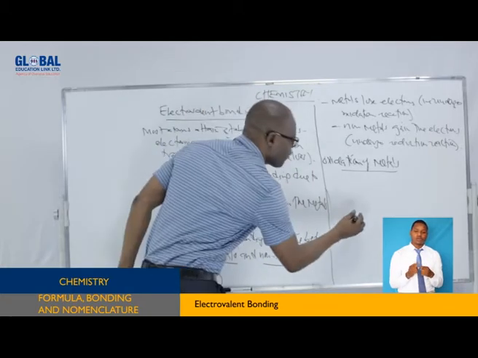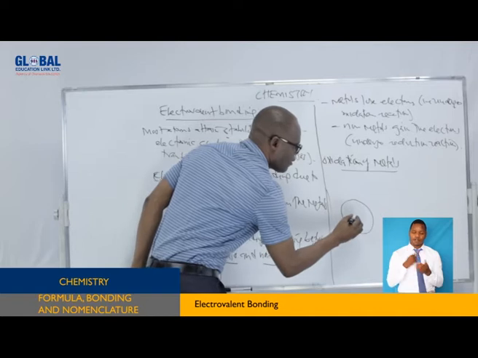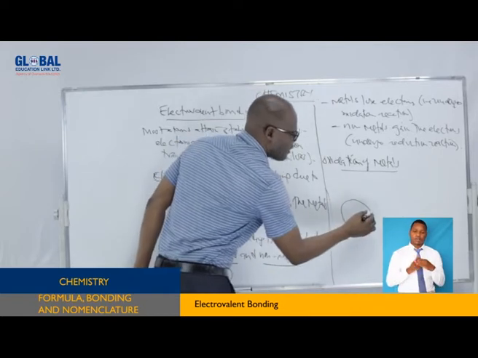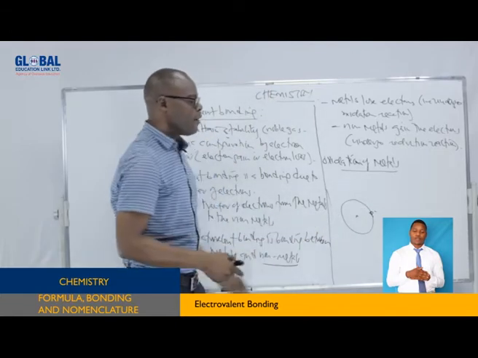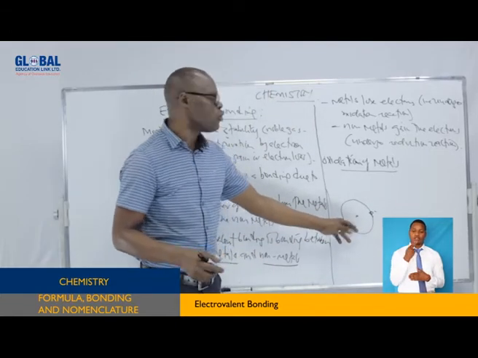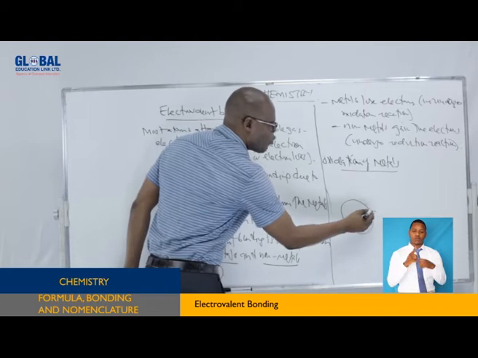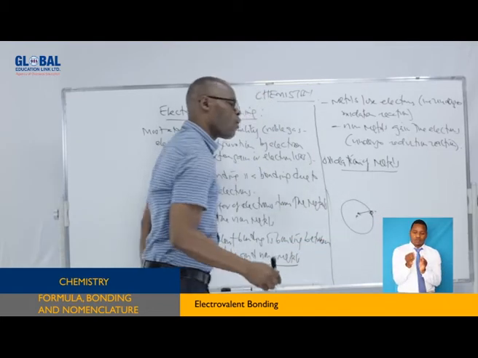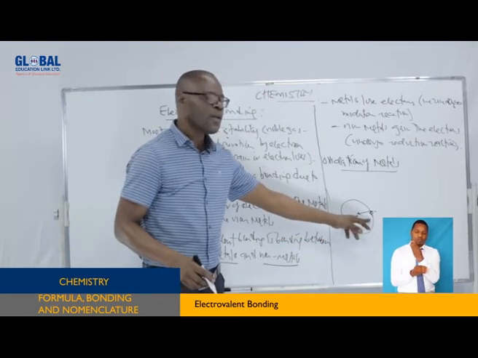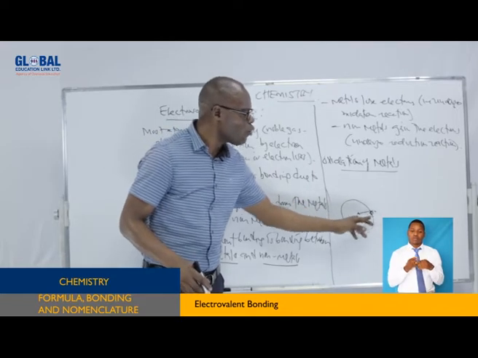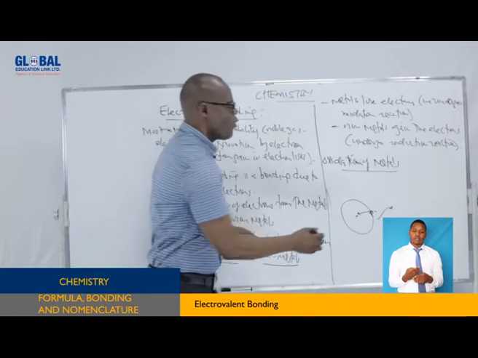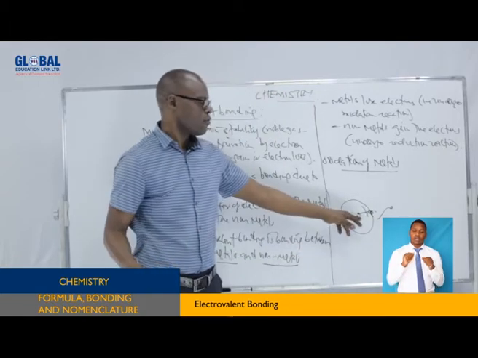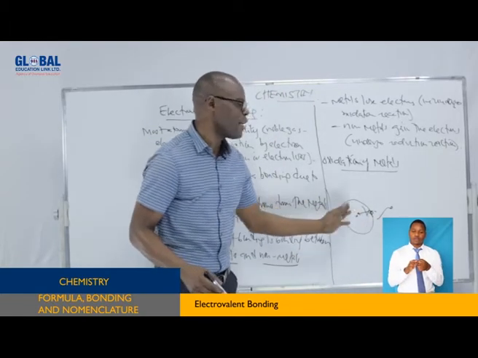This is my metal. It has got an electron in the atom shell. This electron is negatively charged, but the nucleus is positively charged. So there's attraction between the electron and the nucleus. For us to release this electron, the first thing is we have to break this bond, or the force of attraction, so that the electron can go.